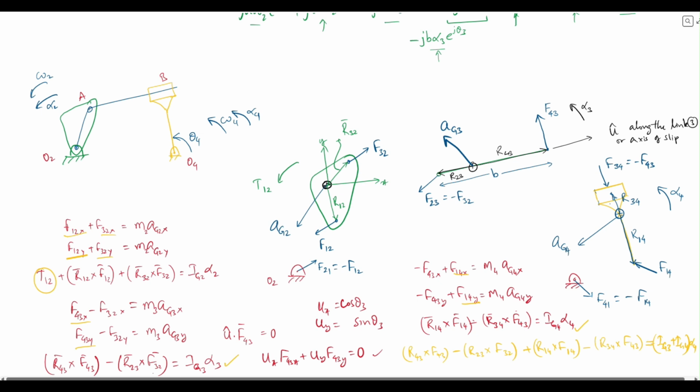Thus, we have 9 equations and 9 unknowns, and we can put these in a matrix form and solve it to obtain the unknown quantities.